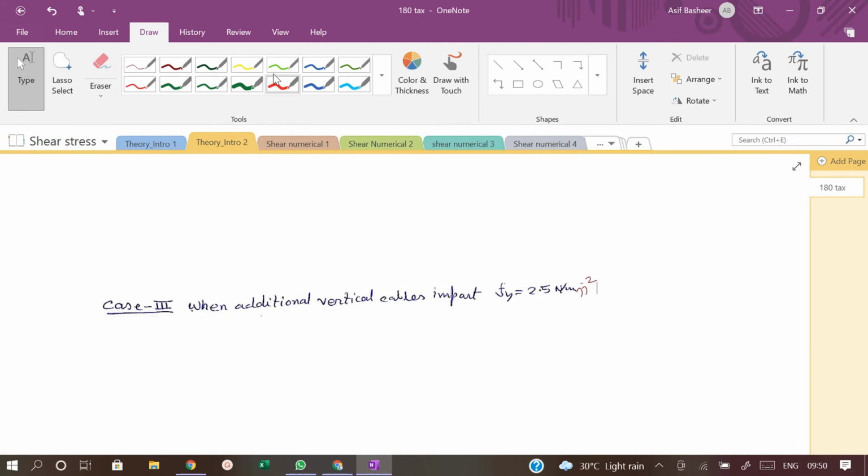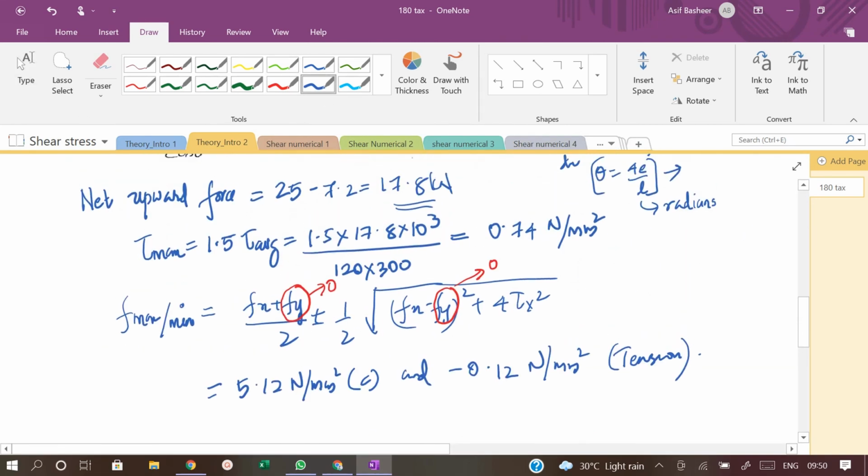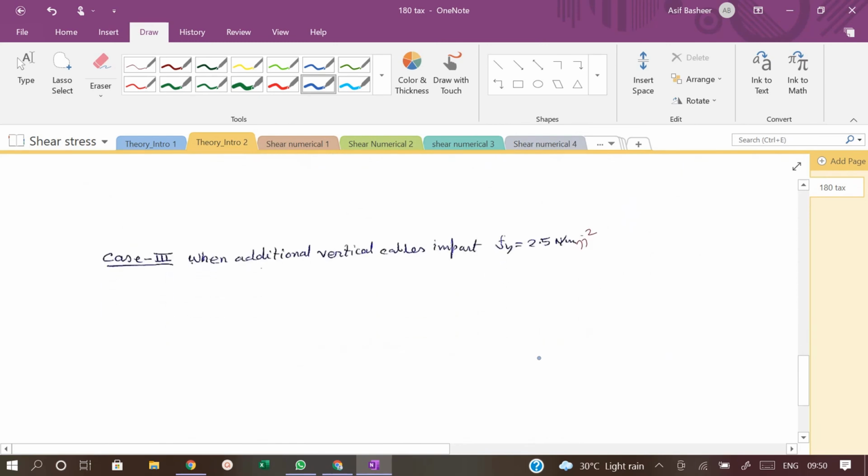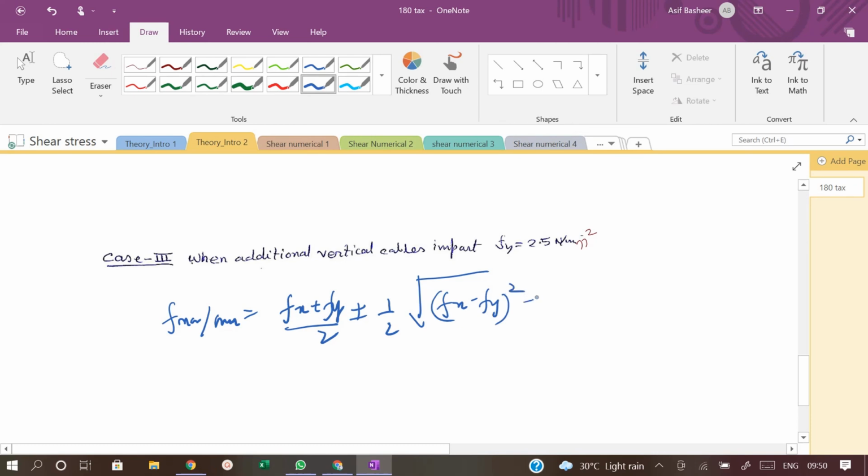So in my equation for Fx plus Fy by 2, there is an additional Fy which is creating a compressive force of 2.5 Newton per mm square. So I can write here my F max or min is equal to Fx plus Fy by 2 plus or minus 1 by 2 root of Fx minus Fy the whole square plus 4 tau v square.